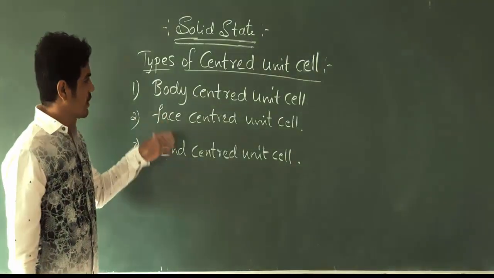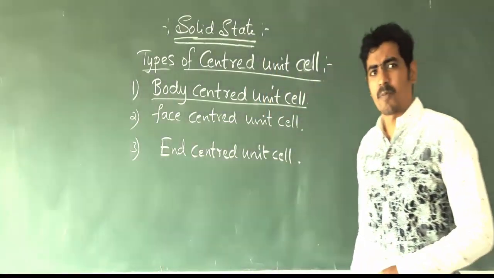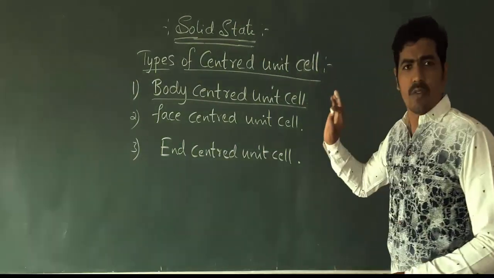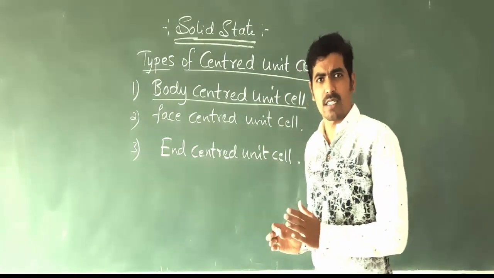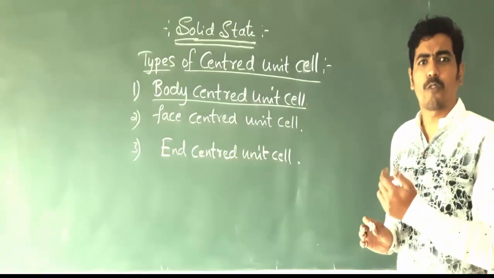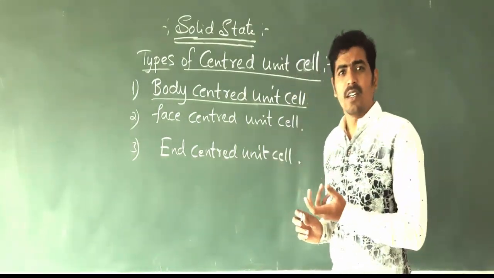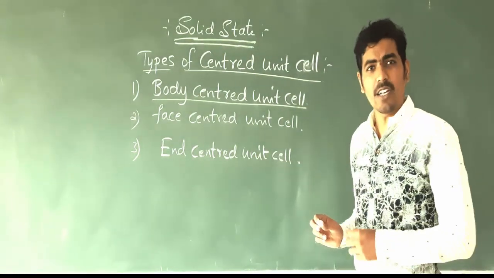First we will study what the body centered unit cell means. As you know, a centered unit cell means the particles are present at the corners as well as at different positions in the unit cell. So where are those particles present in the unit cell along with the corners?